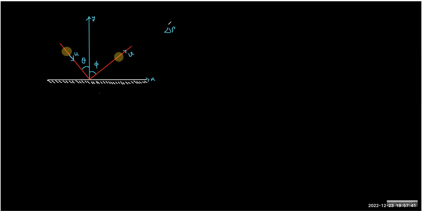So find delta P, only the value. So find delta P means find P final. Write each vector in vector form, i cap j cap accordingly, and try to get the answer. Do it, everyone. It is hitting with a speed u, but it is going with a speed v. So we can call this an impact problem. Do it quickly.